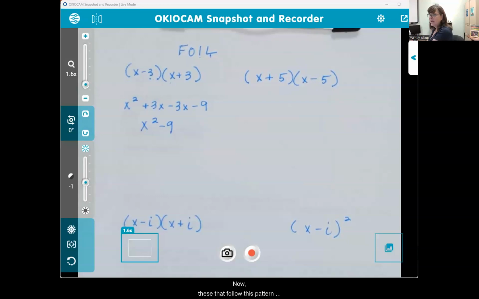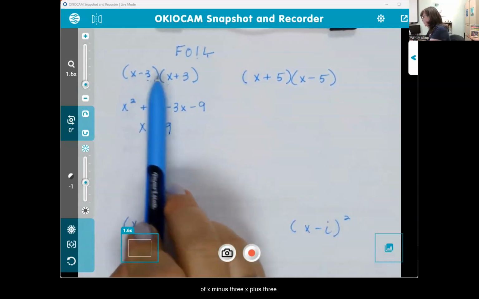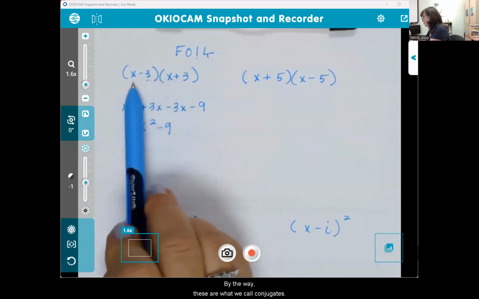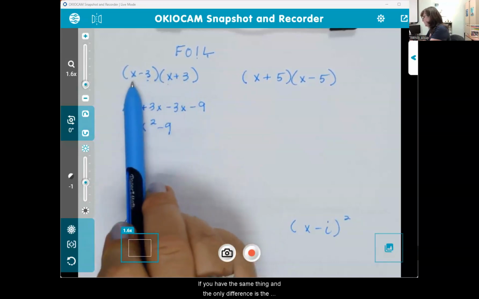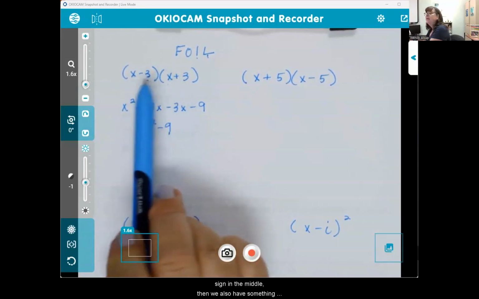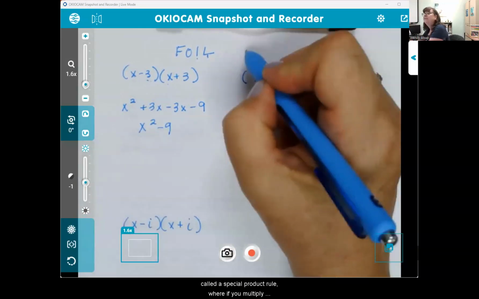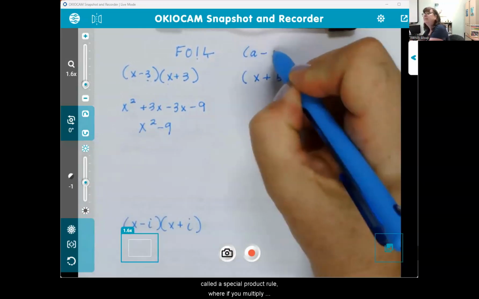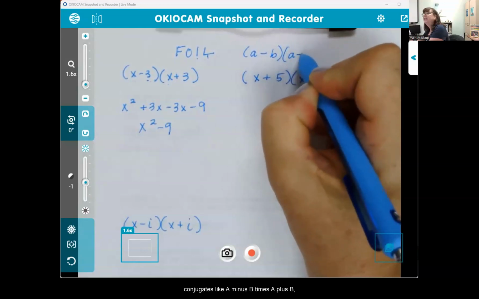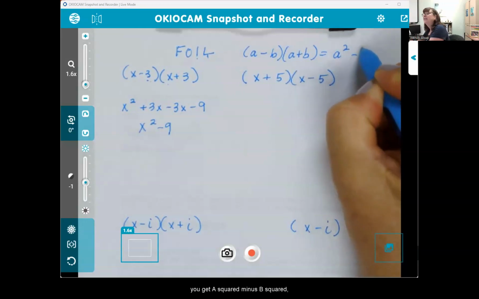Now, these follow this pattern of x minus 3, x plus 3. By the way, these are what we call conjugates: if you have the same thing and the only difference is the sign in the middle. Then we also have something called a special product rule, where if you multiply conjugates like a minus b times a plus b, you get a squared minus b squared.